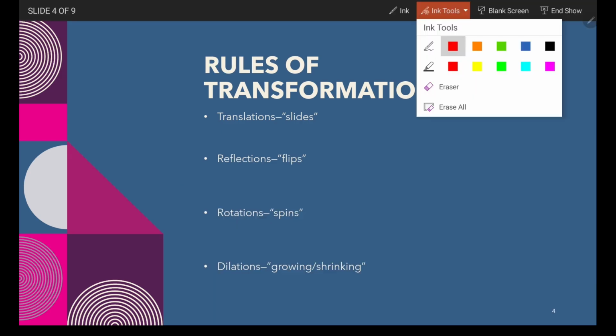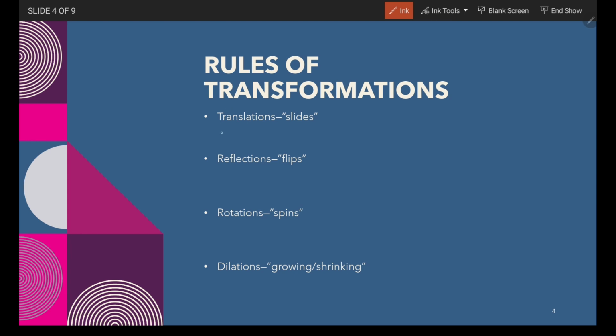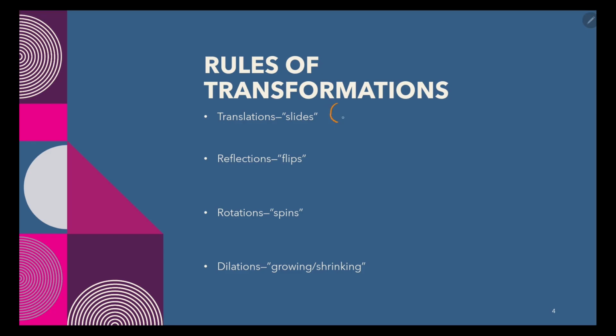Let's talk about the rules you hopefully found. So first, we found that with a translation, there's usually some sort of direction. We call that direction (a, b). In other words, you move a left or right, and then b up or down.